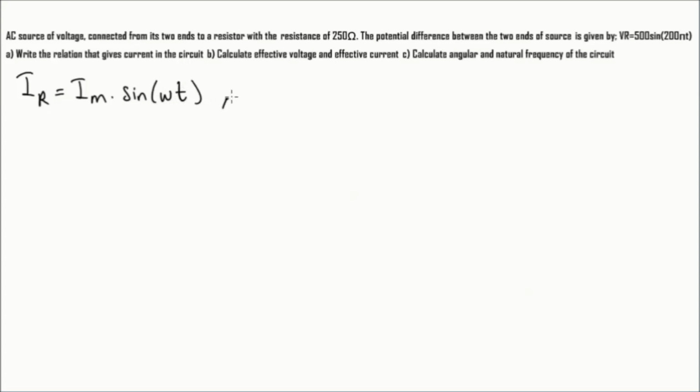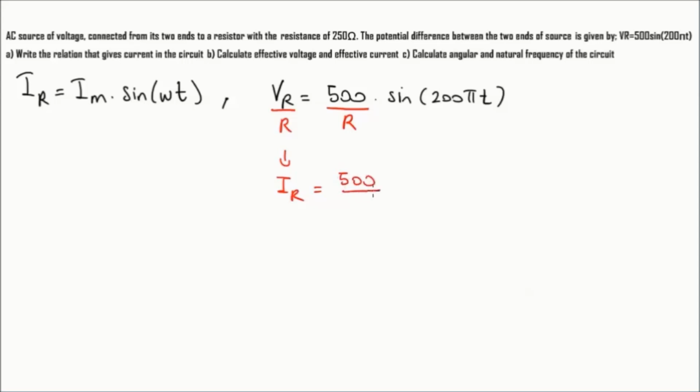The given V_R equals 500 times sine 200πt. Divide both sides by R, so I_R equals 500 over R. R is given as 250, times sine 200πt, and it's going to be I_R equal to 2 sine 200πt.